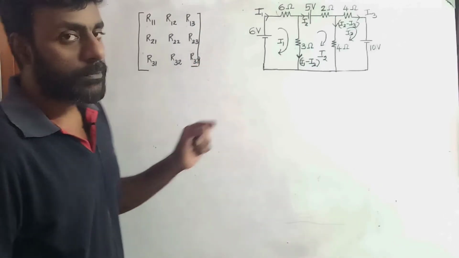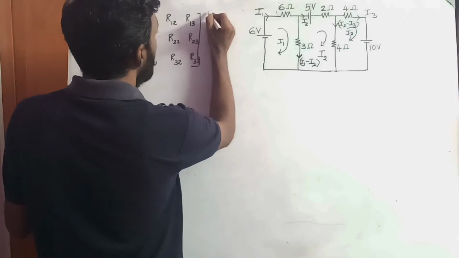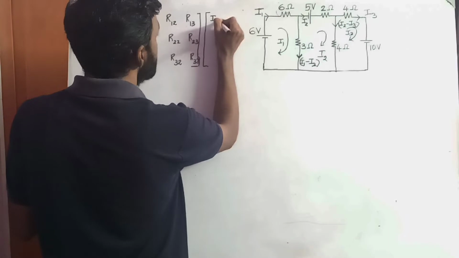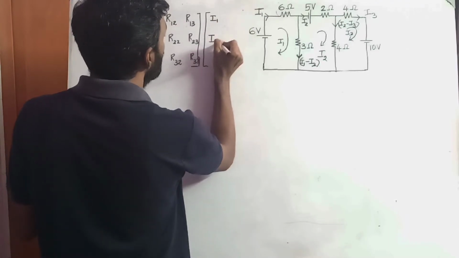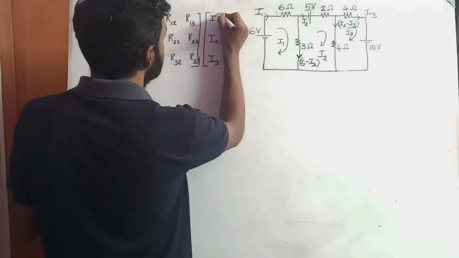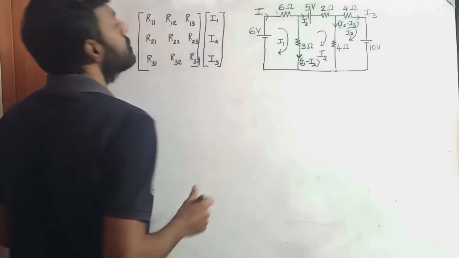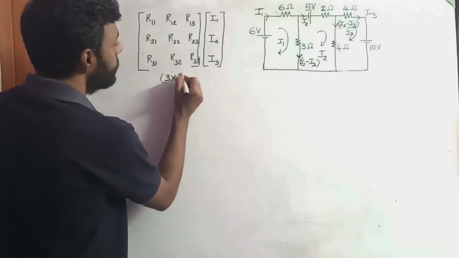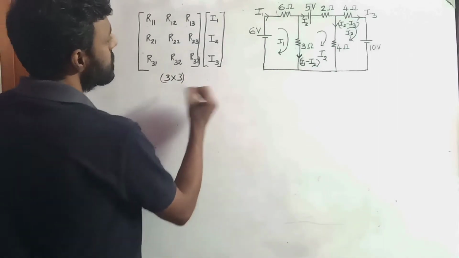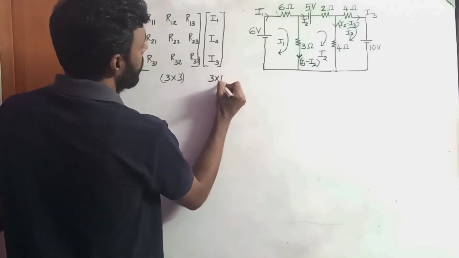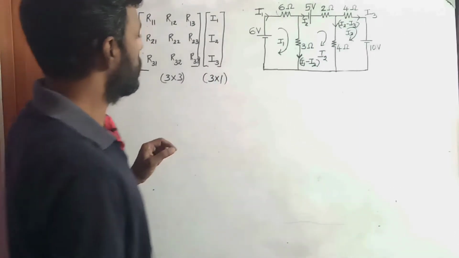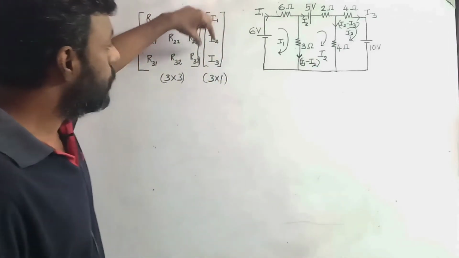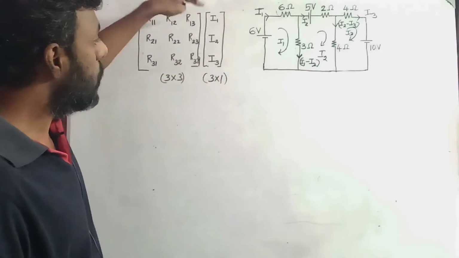Now the second matrix is nothing but a column of individual currents I1, I2, I3. Right, this is a 3 by 3 matrix, and this is a 3 cross 1 matrix, which indicates the individual currents I1, I2, I3.